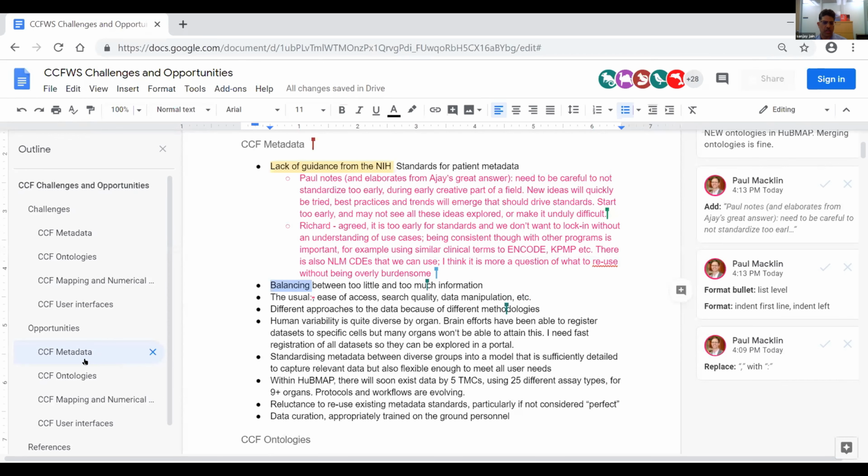I believe efforts are already going on between different domain experts to understand that at the use case level. The next bullet is ease of access, search, quality, and data manipulation. Some of these were presented in the talks today on the metadata and some of the tools. Does anybody have any comments or suggestions here?